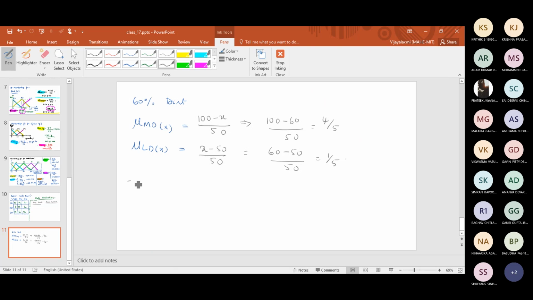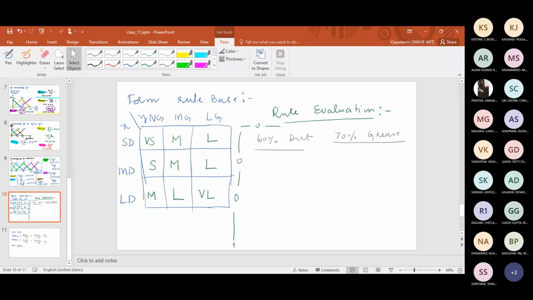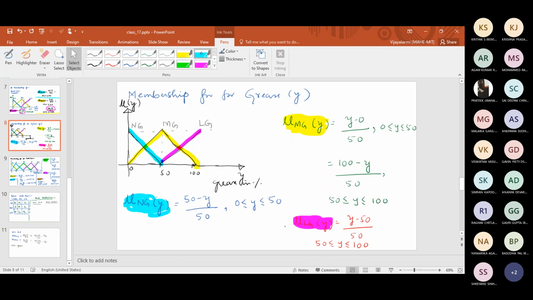Next is 70% grease. Let me go back to my grease membership function. Okay, 70 is somewhere here, right? So if it is 70%, it corresponds to, see here, mg and lg. In mg, the second part, that is 100 minus y by 50, and lg is y minus 50 by 50.